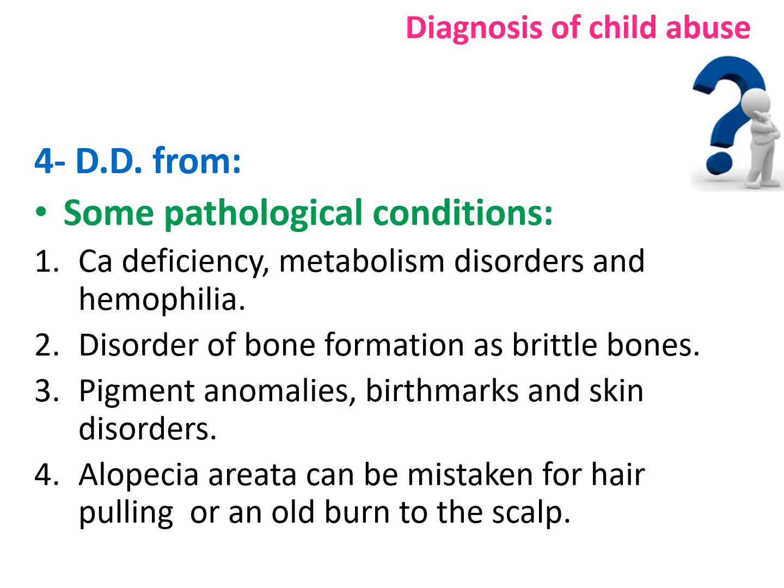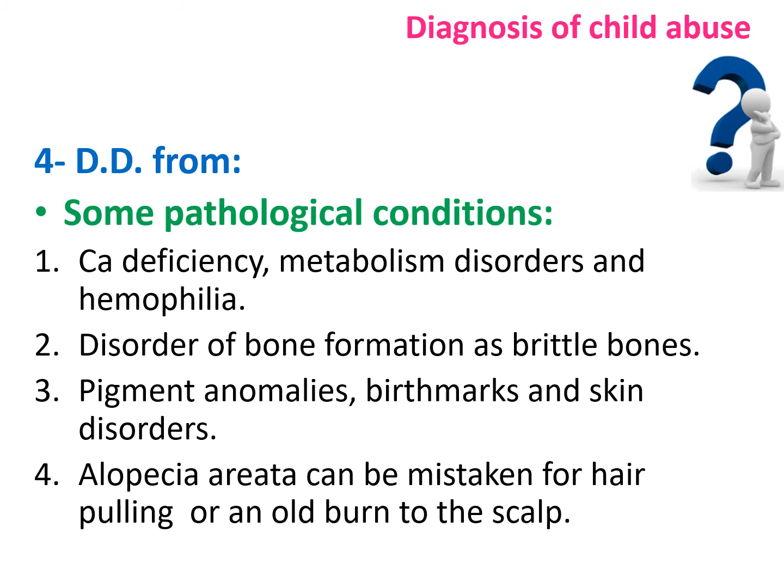But here the fracture is caused by a disease or disorder in the bone. Sometimes, as we said before, there are blood diseases like hemophilia that lead to easy bleeding tendency.